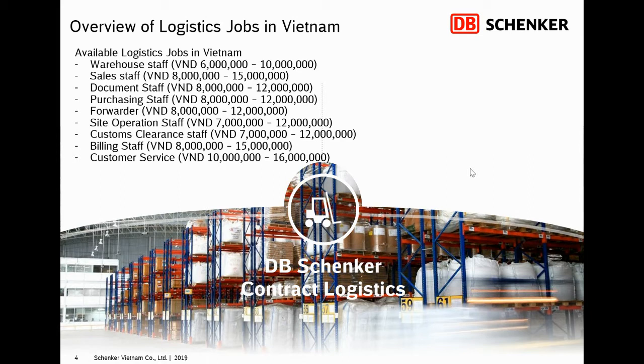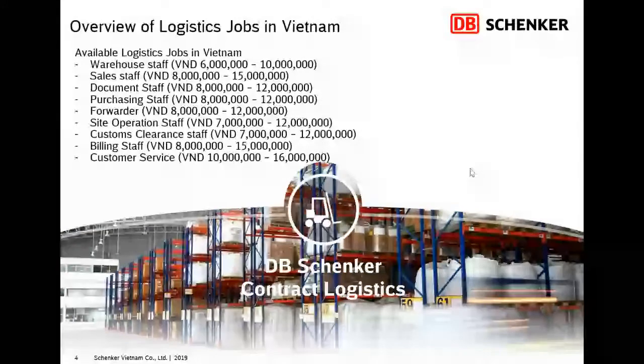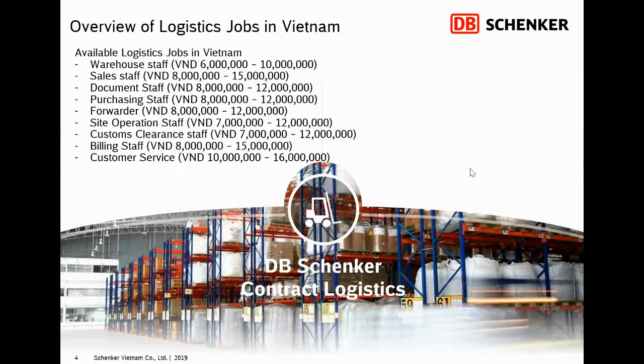And the student who graduates from a logistics faculty in university can apply for building staff with a salary range from 8 million to 15 million. Or you can apply for customer service from 10 million to 16 million. Those are the available vacancies for logistics jobs in Vietnam in general.